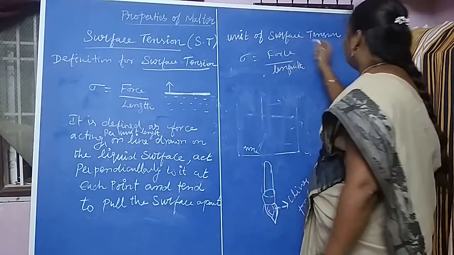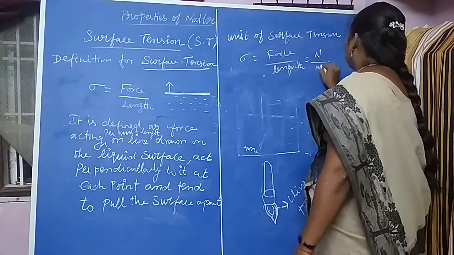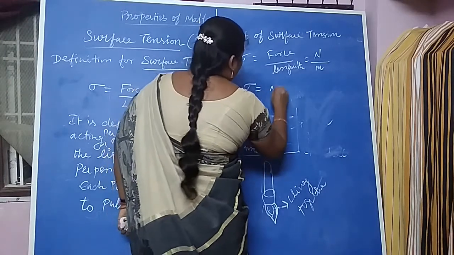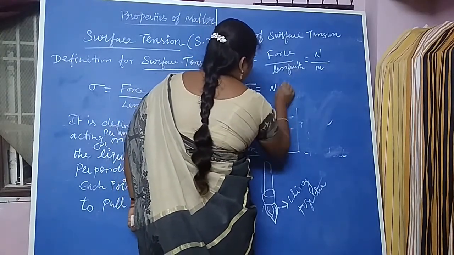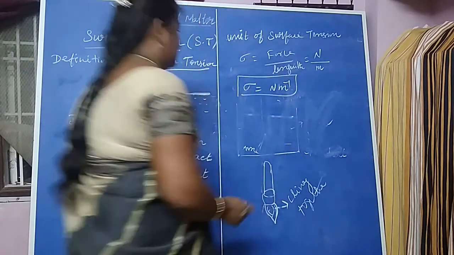The unit for force is Newton and the unit for length is meter. So surface tension gets the unit Newton per meter. This is the unit for surface tension.